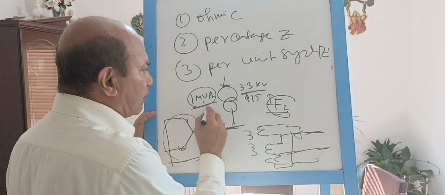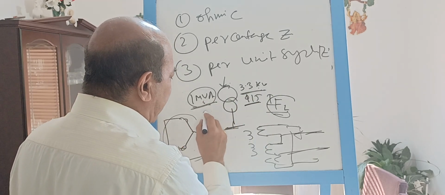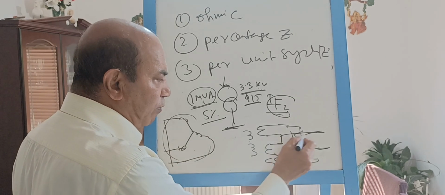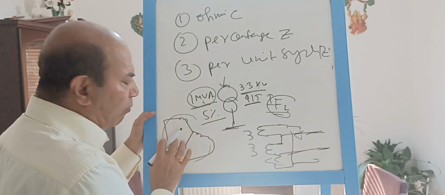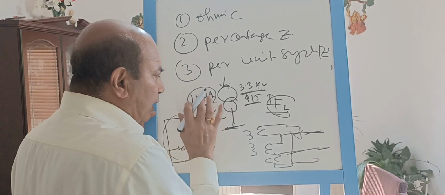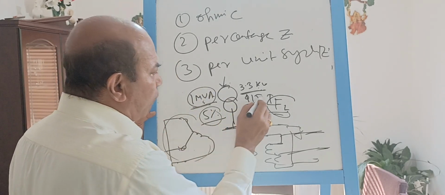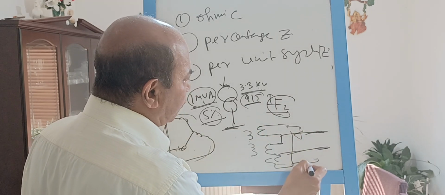Suppose a 1 MVA transformer, 3.3 kV by 415 volt. If this transformer has 5% impedance, that means if we want to flow the full load current on one winding while the other winding is shorted, then the amount of voltage required is 5%. Suppose the 415 volt side is shorted and I am injecting voltage from here.